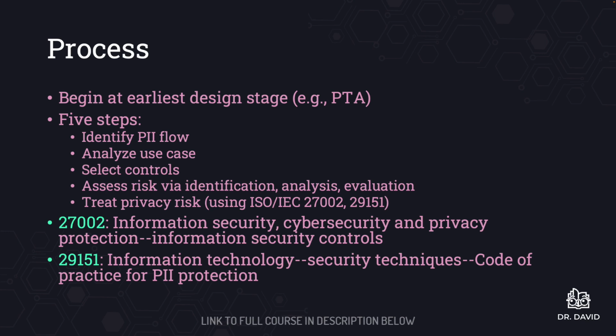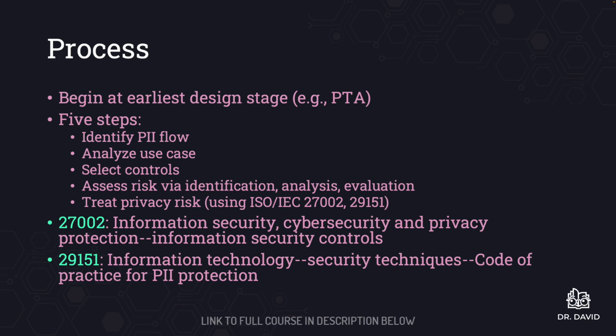And the two sibling standards that 29134 would like us to use to treat privacy risk are ISO IEC 27002 and 29151. And for what it's worth, I'm not a particular fan of the word treat here as a synonym for mitigate or control, but that's what it means.